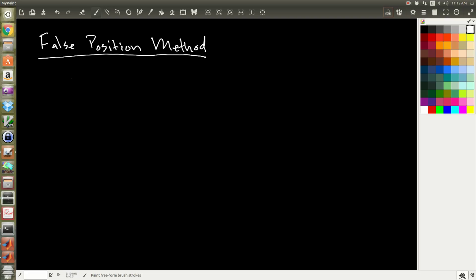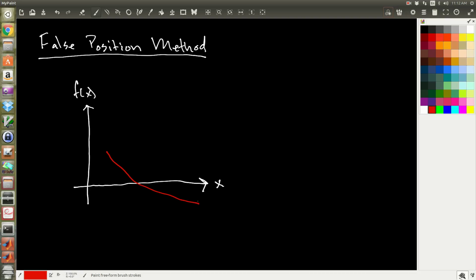So let me draw a little picture here to give us a little more context. If this is our function, a plot of our function, and let's say our function does something like this. And so we see that it has a root right here. This is the root.